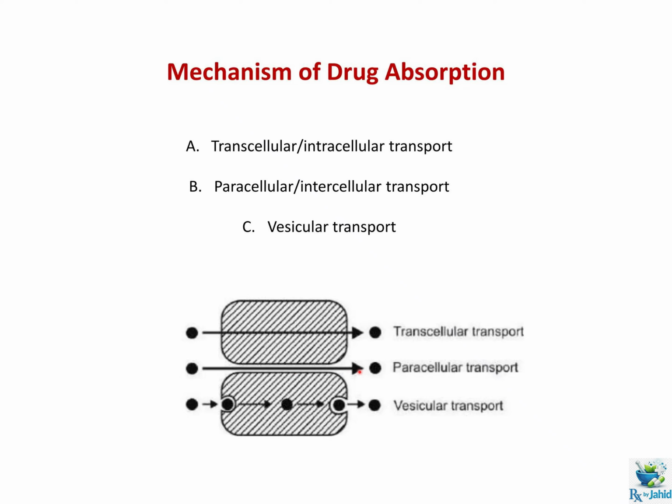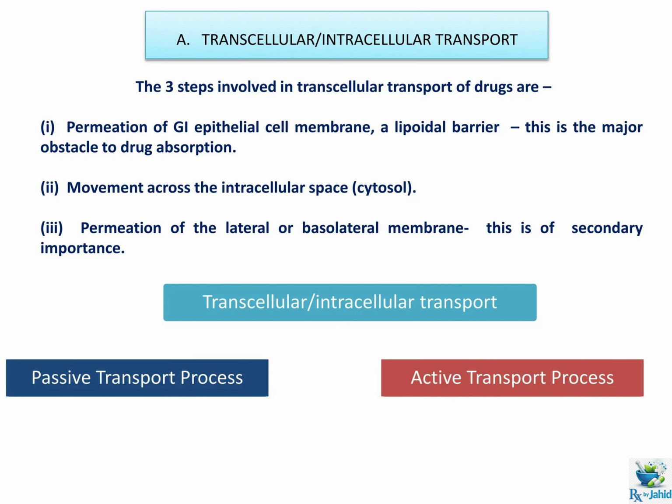Transport between the cells is called paracellular transport. However, sometimes a drug can be transported via phagocytosis, in the form of a vesicle. This is called vesicular transport. We'll discuss this in our next slides.